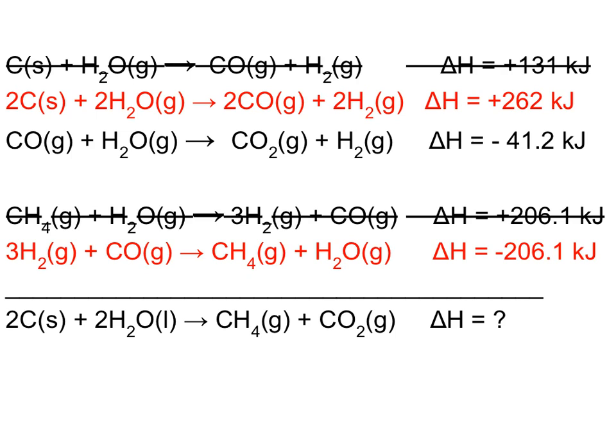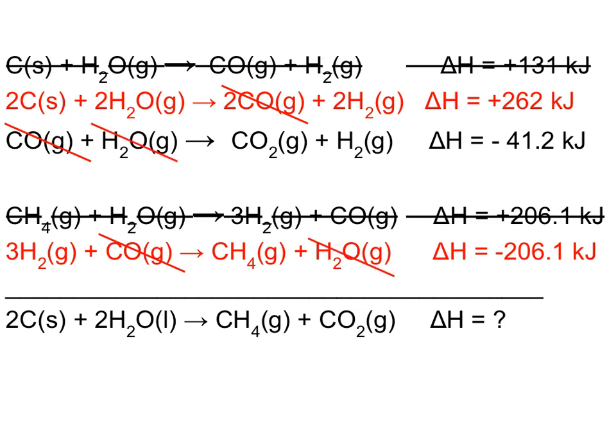We see that we do have 2 carbon monoxides as a product in our top equation, and we have 1 carbon monoxide in our second equation and 1 in our third as reactants. So those can all cancel out.